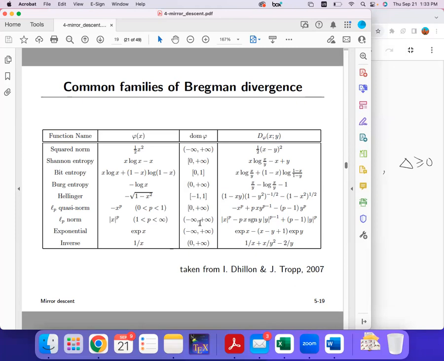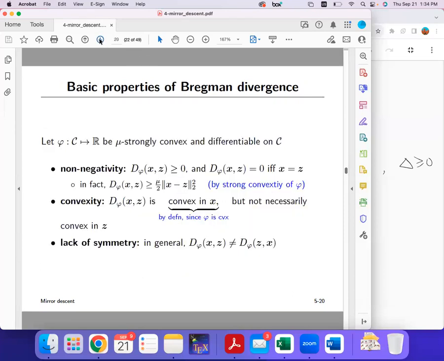Basically, if you pick the right geometry, the right phi function that fits your problem very well, then this mirror descent can converge very fast.